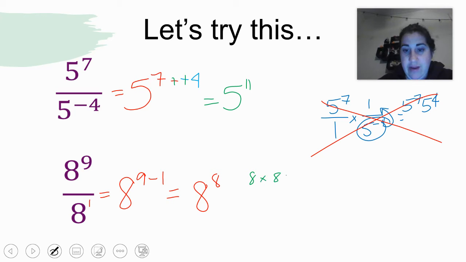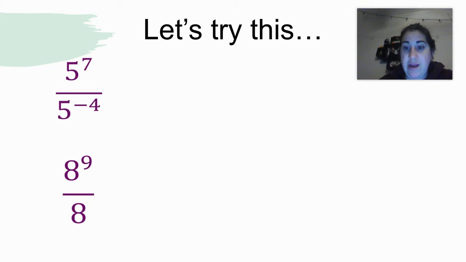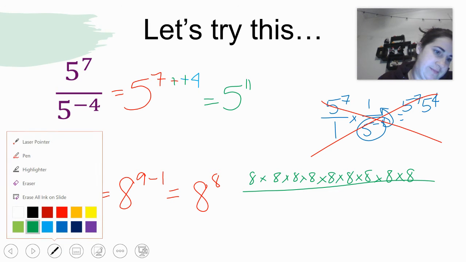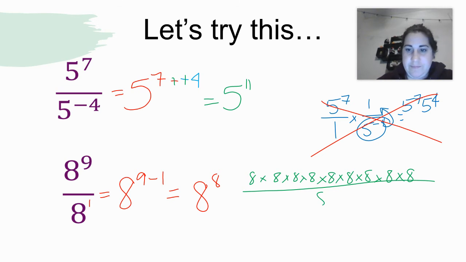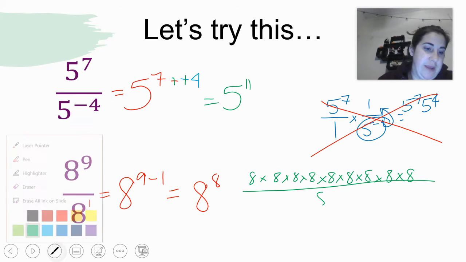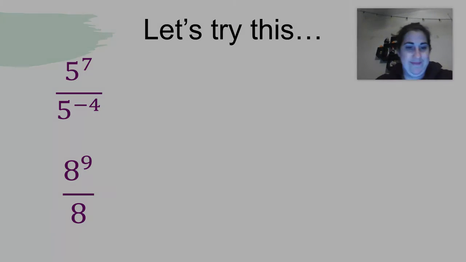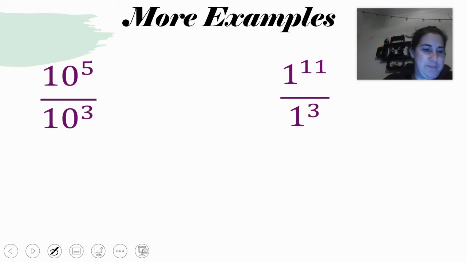Well, I have 9 8s. 1, 2, 3, 4, 5, 6, 7, 8, 9. And how many 8s do I have on the bottom? I have 1. So I can cross out a pair. I can cross this one and this one out. How many 8s do I have left? I have 8.